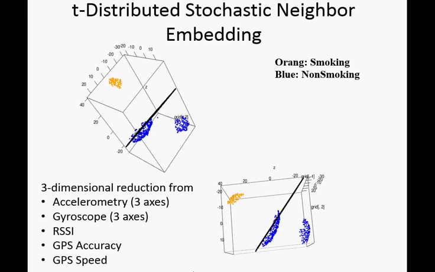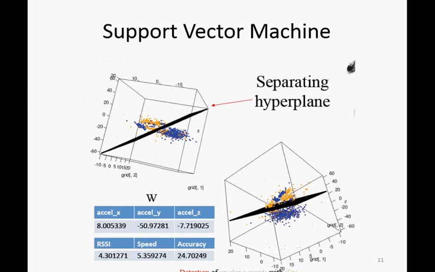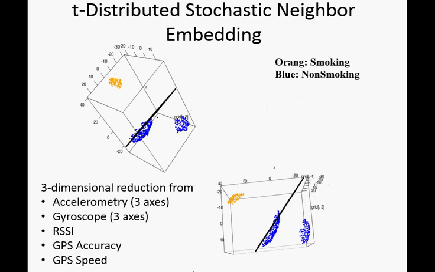In other cases, statistically, such as with naive Bayes, you may wish to identify a smaller dimensionality of space by essentially just taking, say, the norm of the accelerometry data.